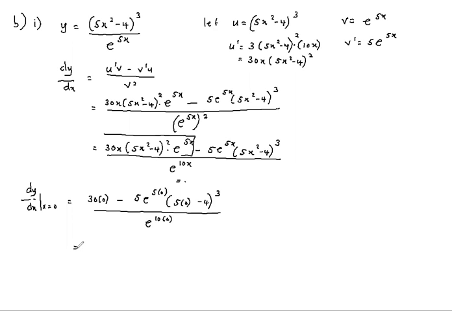So this leaves us with negative 5 because e to the power 0 is 1. 5 by 0 is 0. So we have negative 4 to the power 3 over e to the power 10 times 0. That is just 1. So you have negative 4 to the power 3.